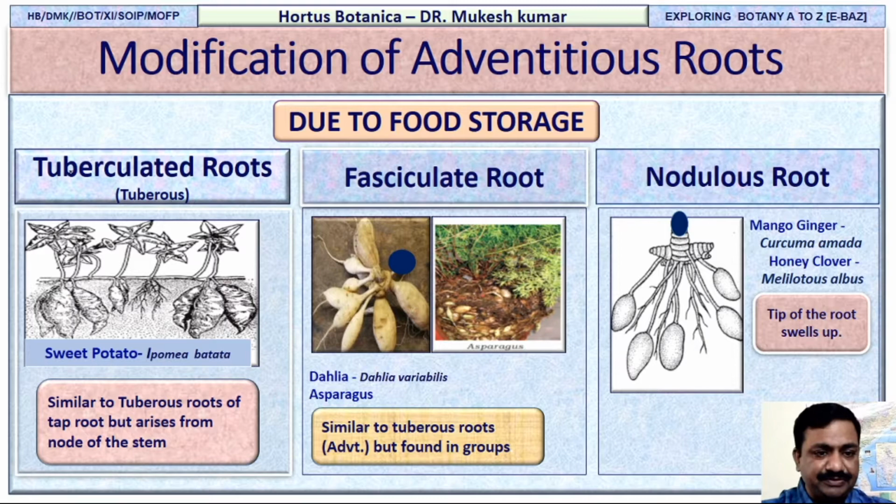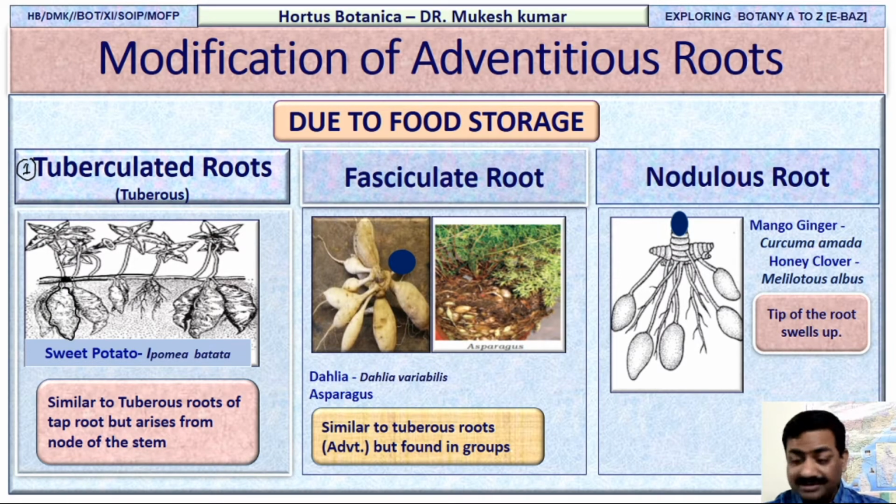Yeah, tuberous root. Mind well, in taproot we also studied about tuberous root, but what happened? That was the taproot, so that arised from a radical. But here what we are finding, see, we have this various stem, right, and these are the nodes, and these nodes are bearing very irregular shape structure.